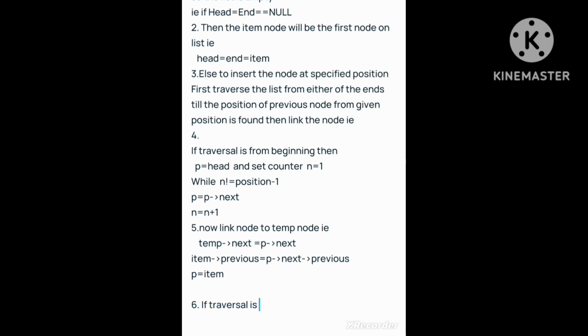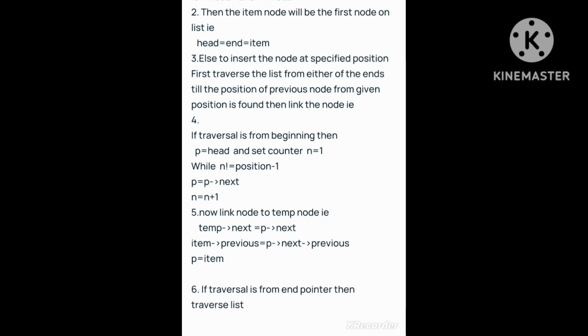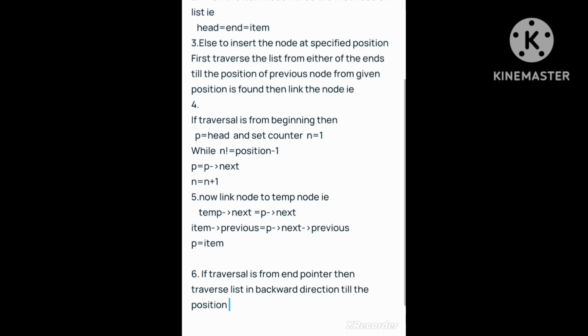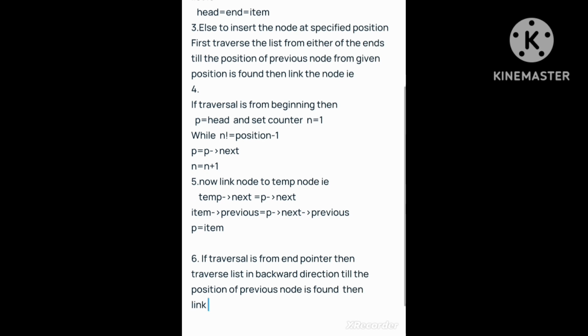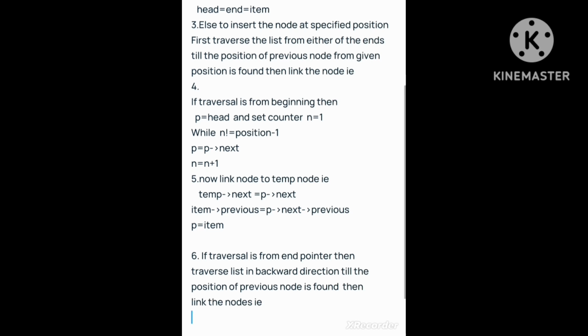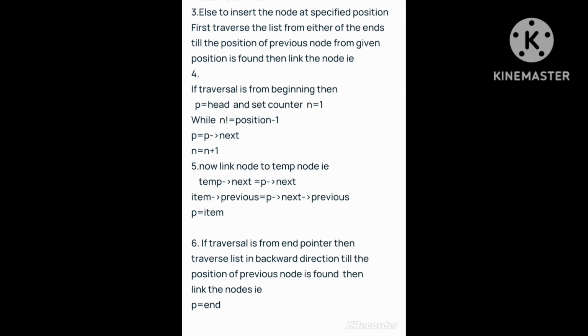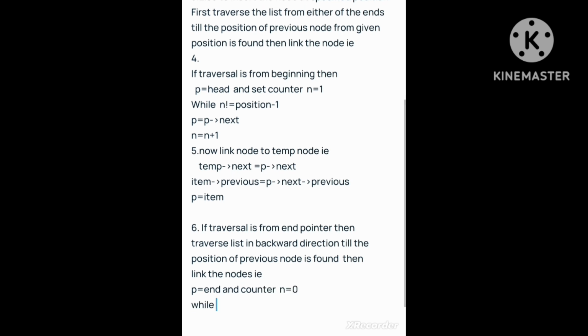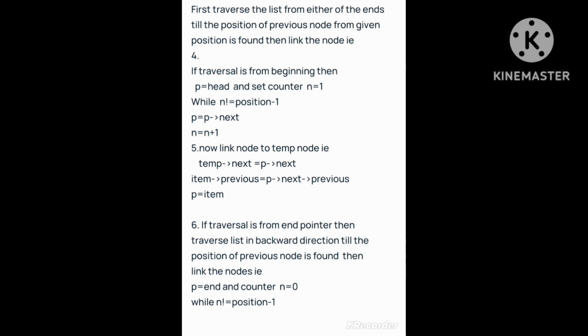The same is the procedure for the backward direction, but first of all we have to link the previous pointer of the item node to the node ahead in the list, and then we will link the next pointer of the item node to the node prior to the current position node.